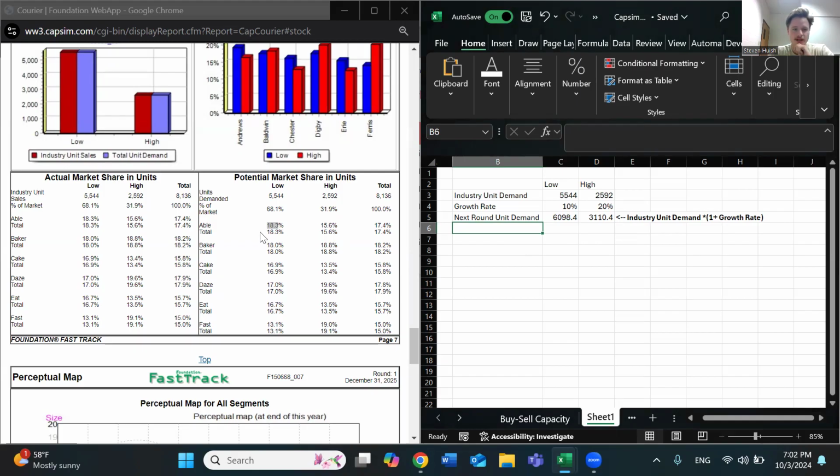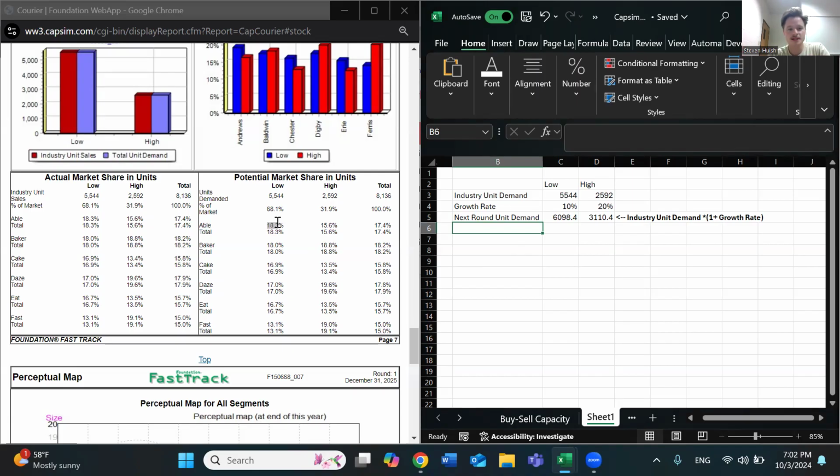One thing to take into account is the markets are not consistent. The growth rate is always changing, as I showed you guys. It's not always going to be 10% and 20%. It changes sometimes. Sometimes it's 18, sometimes it's 9%. You need to check that every round. But also, your potential market share is not going to stay consistent at all. As your product becomes better, your potential market share is going to grow.